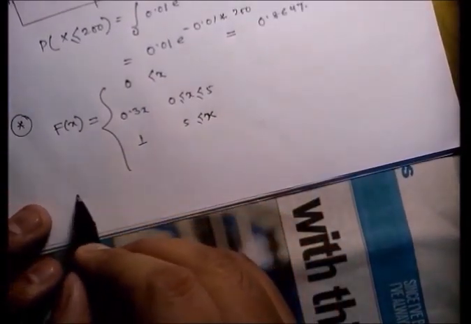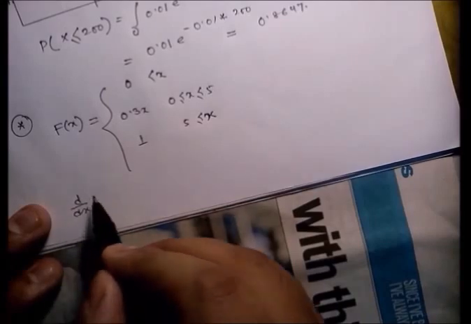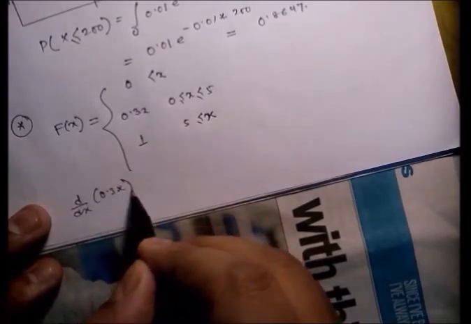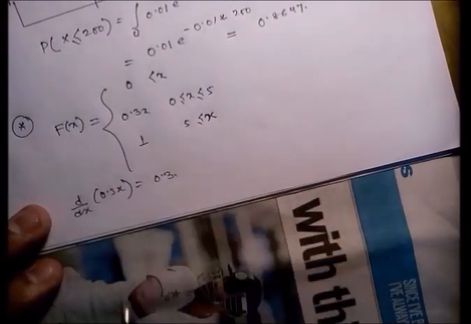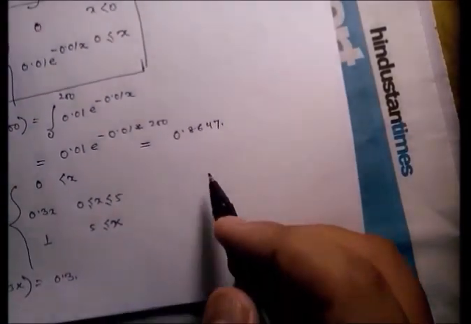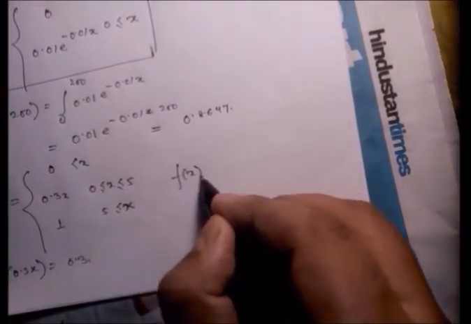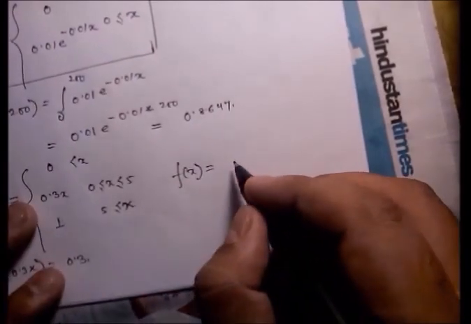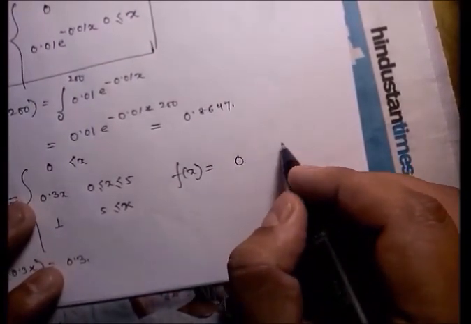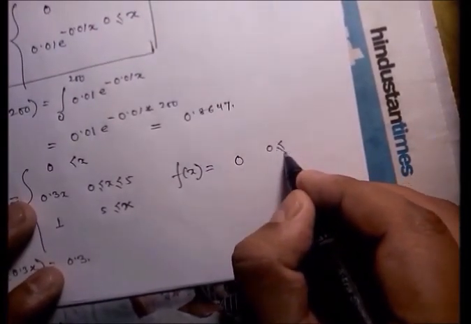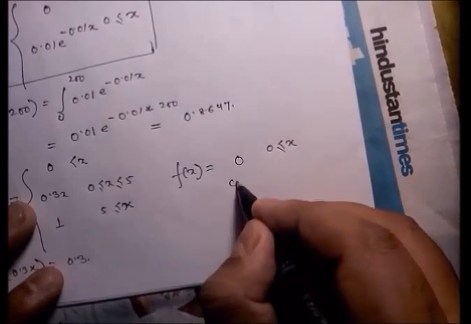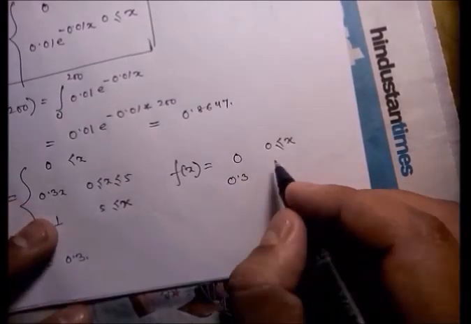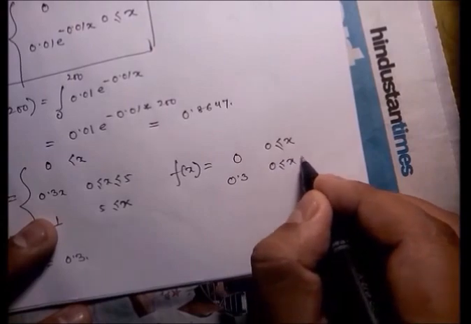So d by dx of 0.3x is nothing but 0.3. So the probability density function is 0 if x is less than 0, and 0.3 if x is between 0 and 5.